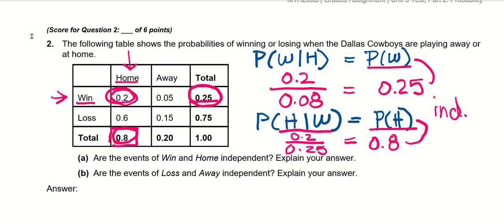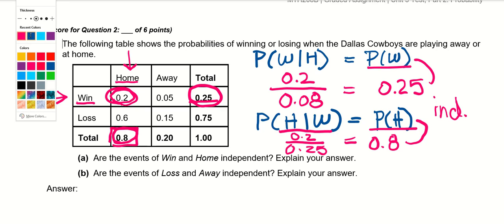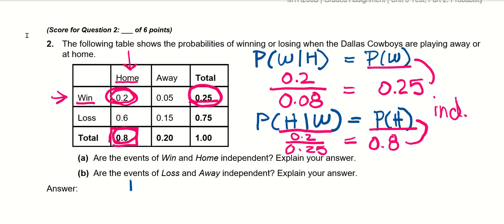So now we're going to go down to part B. And we're going to do the same thing using our table to show that the probability of loss and away are independent.